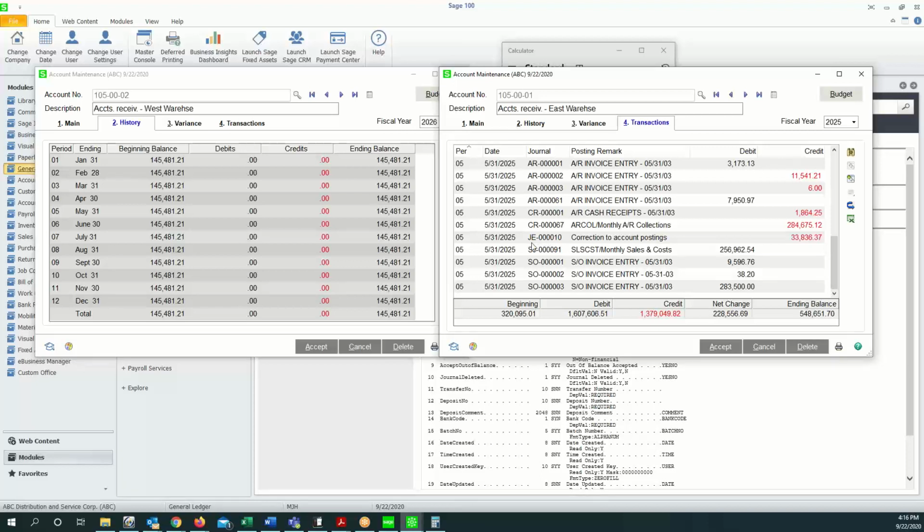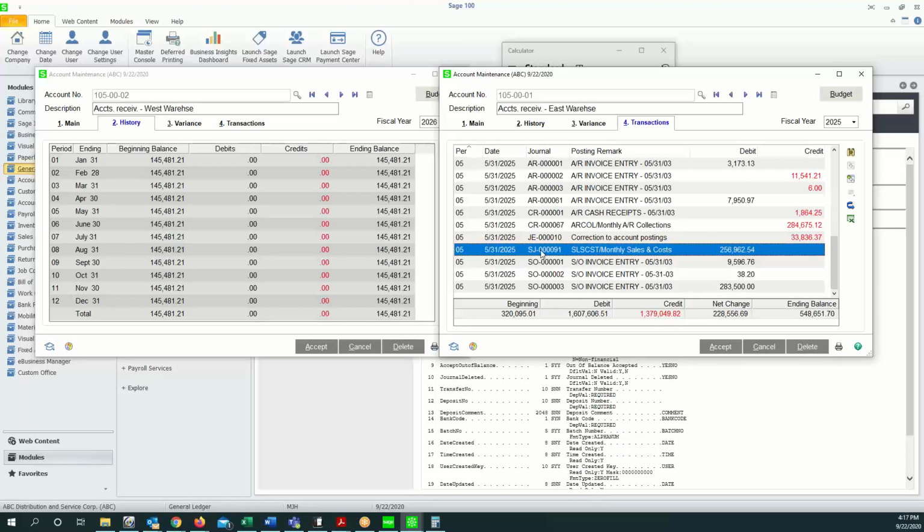One of them is this JE journal, and the JE journal is often set up as a manual source, a source of manual journal entries that you can post into Sage. So when you go into General Ledger main general journal entry, we often use a non-Sage 100 source journal to reflect the entries that we posted, because it gives us some insight as to where the information has come from.